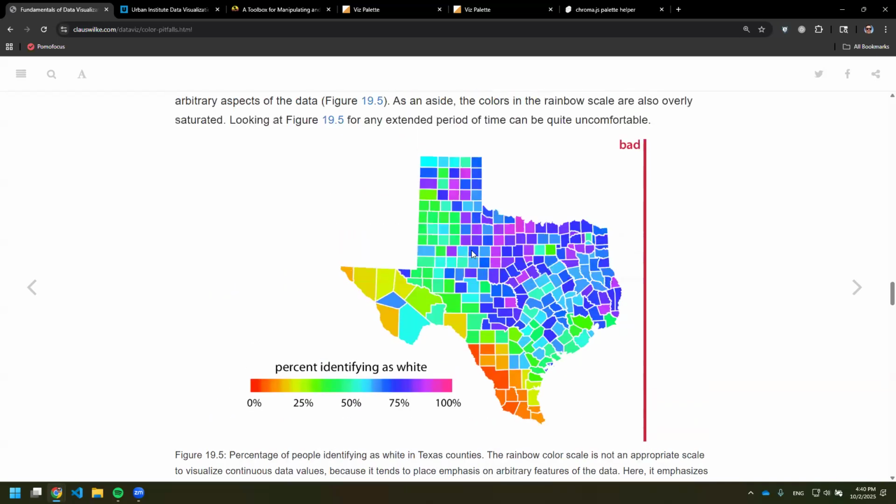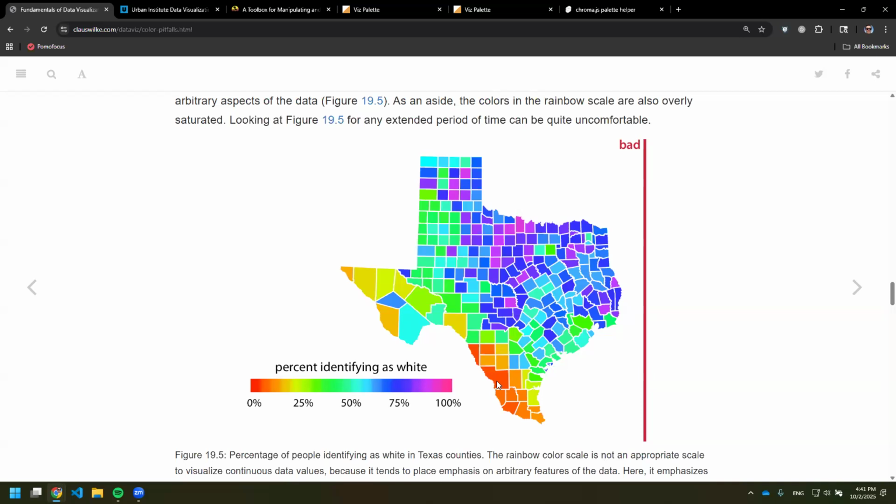So instead, it would be better if you had, maybe I'm just going to make up something. Instead, you had a scale of blues, and you had darker blues have bigger quantities, and lighter blues have lesser quantities. And then you would have a scale that ranges between those two, or maybe if this were an American political map, then it would be colors that range between blue and red, kind of the colors of the two biggest political parties in the United States.